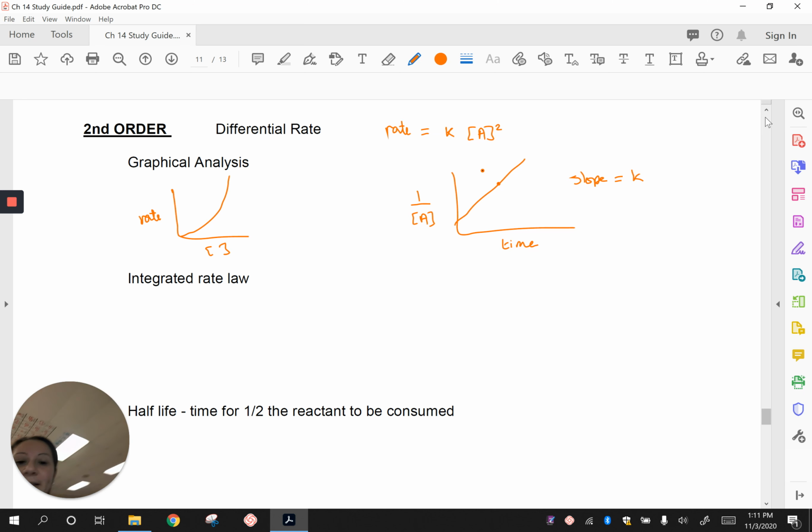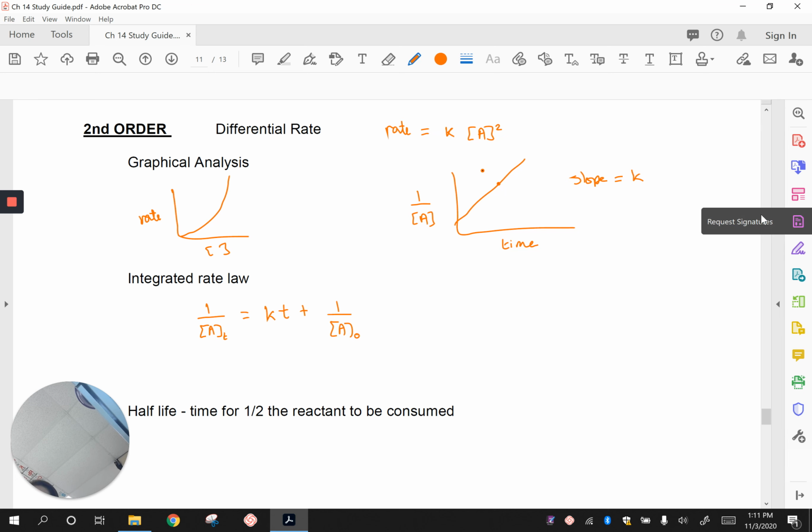If I wanted the integrated rate law, I would put this in the form of y equals mx plus b, so my y is 1 over the concentration at a given time, equals my slope, which is k, times my x, which is t, plus my y-intercept here is 1 over the initial concentration of A.